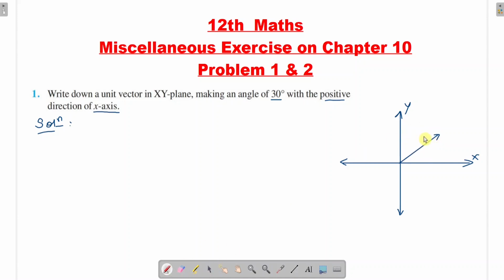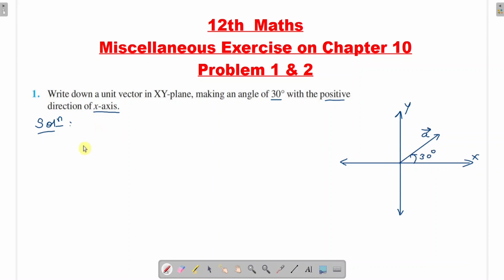Let us say the vector has the name a bar here, and this vector is a unit vector, that means the magnitude of this vector is 1. Now this vector is given to be making an angle of 30 degrees.